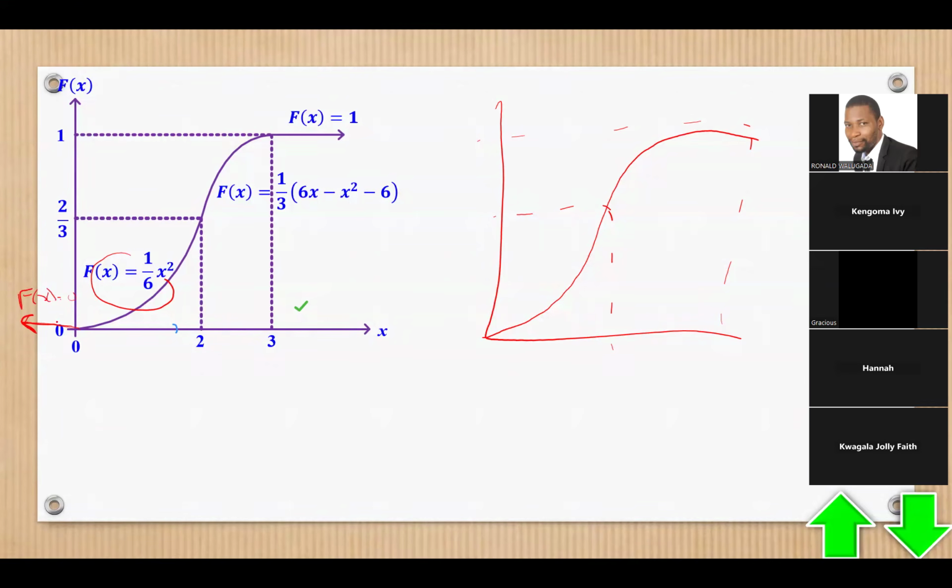So this red line, I've told you to include it there because in that year, it disturbed students. One mark was lost for not indicating that. Yet in the function you drew, you said x less than 0 and you gave it 0 f(x). Why didn't you show it on the graph? That was the argument. So I also encourage you to add it there. I didn't add it, but you add it there.